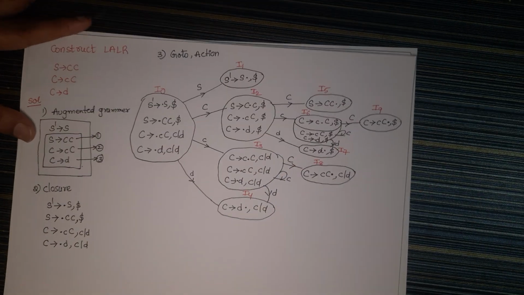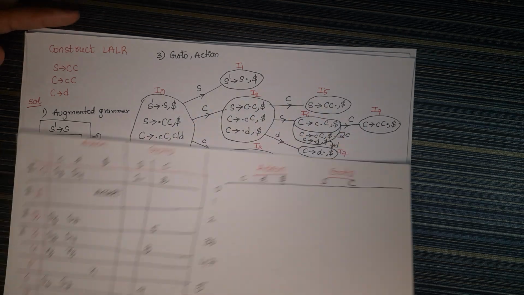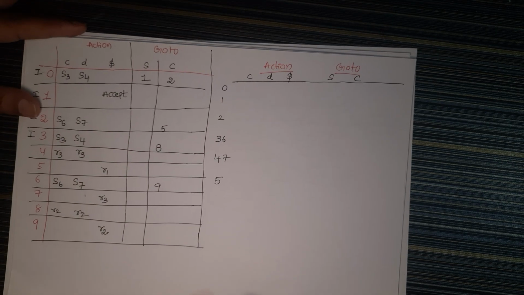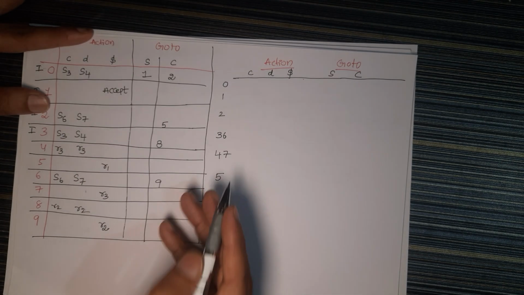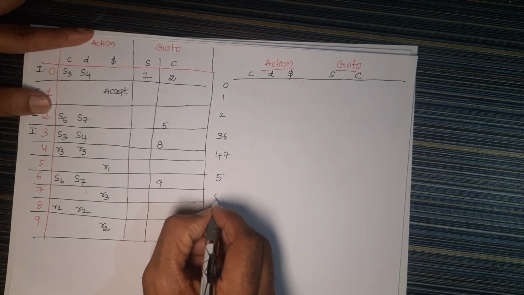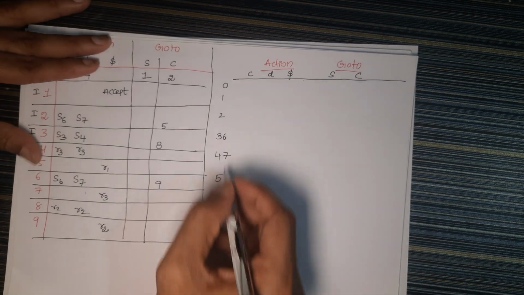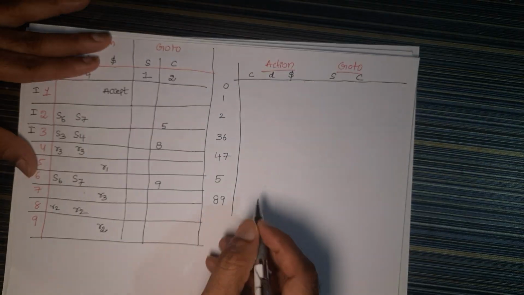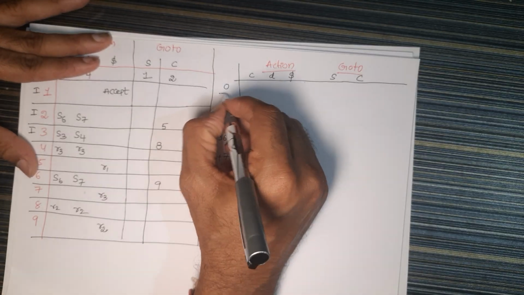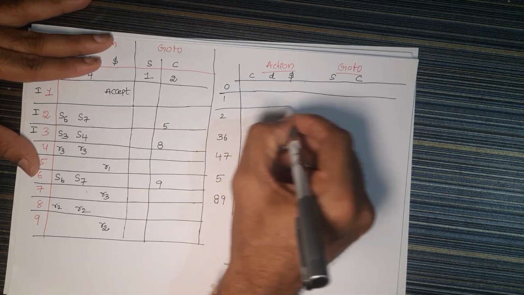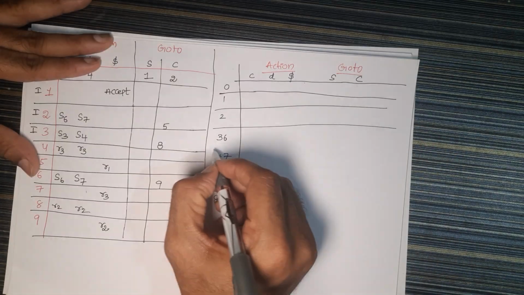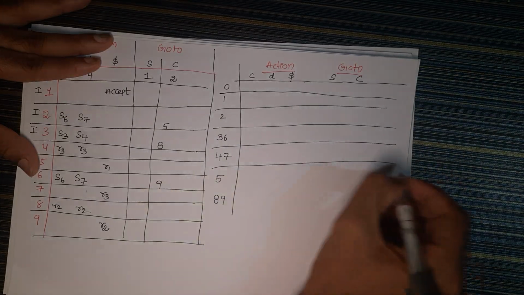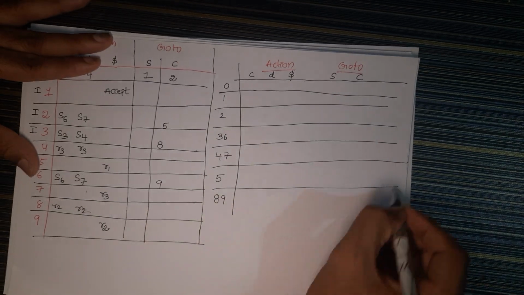That's why we are going to merge I8 and I9. So after 5, we can merge 8, 9 also. Now we are going to find the final table for LALR. Now you see what is going to happen after merging.